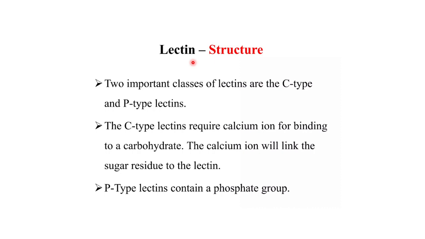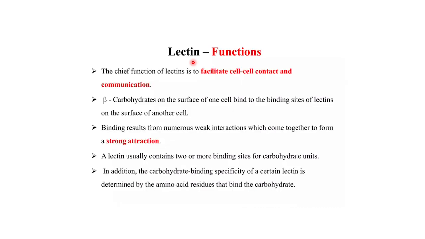The other type is the P-type lectins, which contain a phosphate group. Very important functions of lectins include the facilitation of cell-cell adhesion or communication. That is, it enables cell-cell contact and passes on different signals and feedback inhibitions to the inside of the cell.